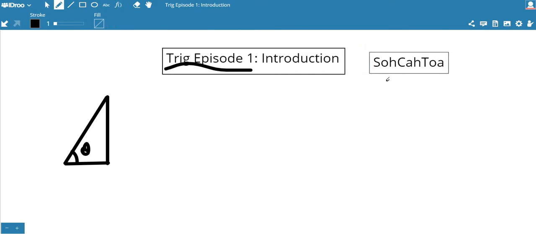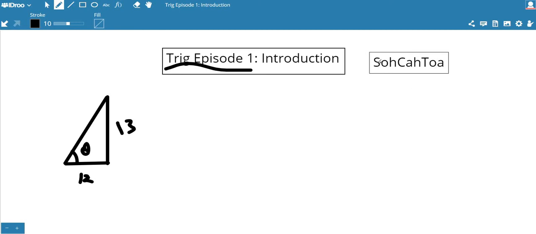But we're going to do inverse of sine, cosine, and tangent. So let's say this side is 14. Oh wow, that's super thin. Let's say this side is 13, and this side is 12. What is this angle?